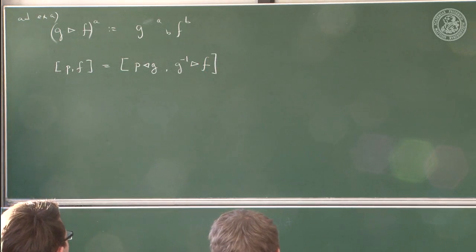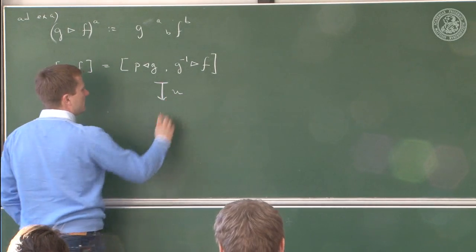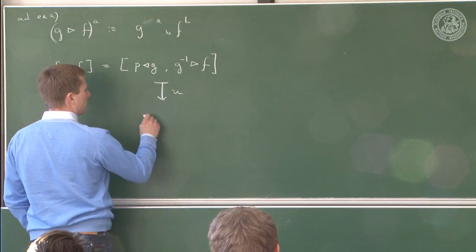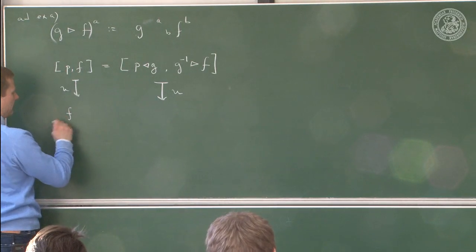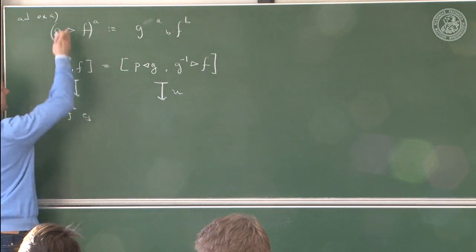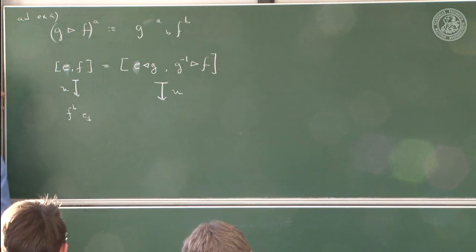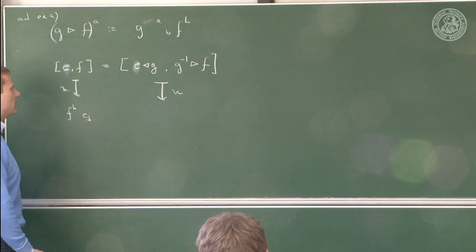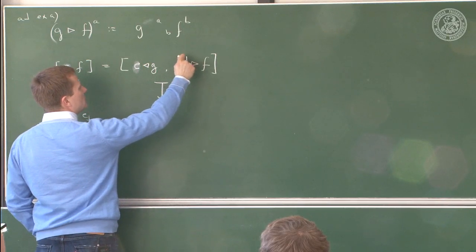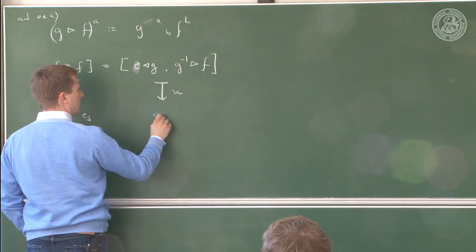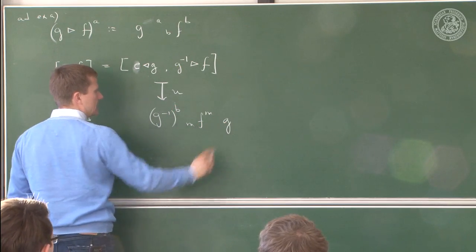If you send this via this map U to the frame bundle, which in this special example is the principal bundle given by the frames, such that this is an element of the tangent bundle in a well-defined way, obviously with our definitions before, we need G inverse here in order to then have a G inverse acting on the fiber.